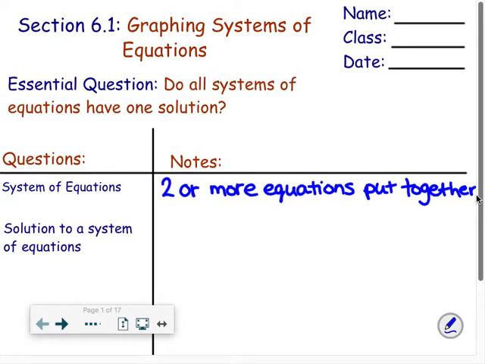The solution to a system of equations is an ordered pair that is a solution to all of the equations in the system.